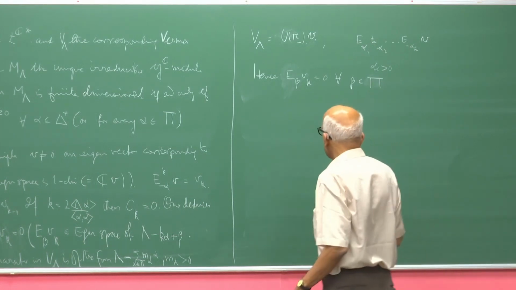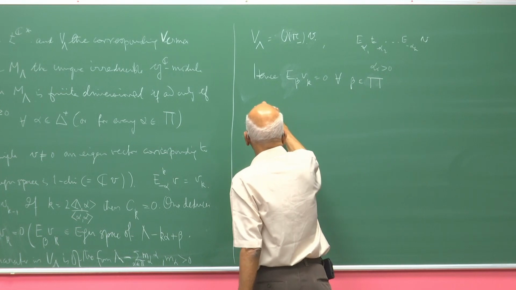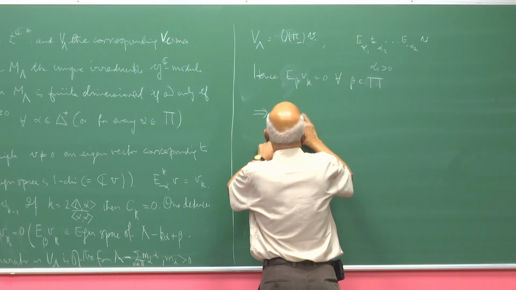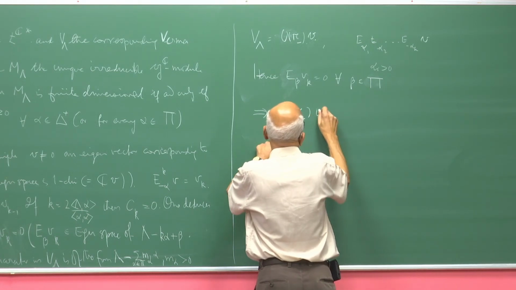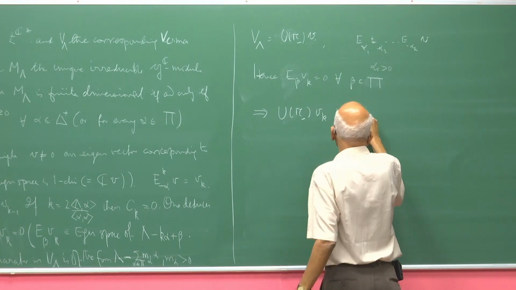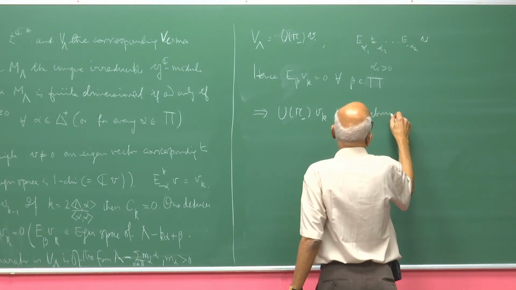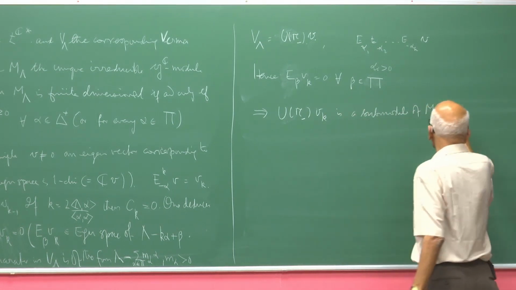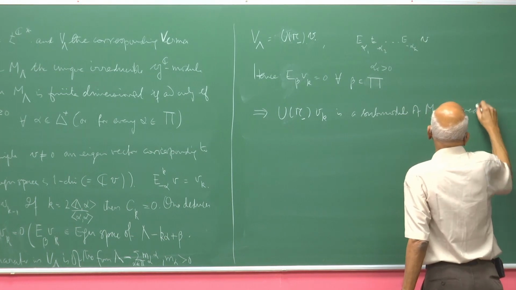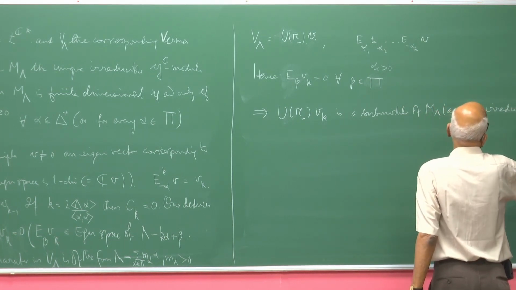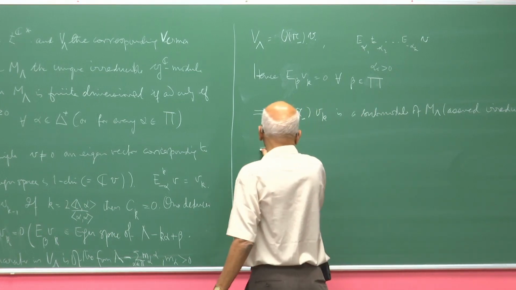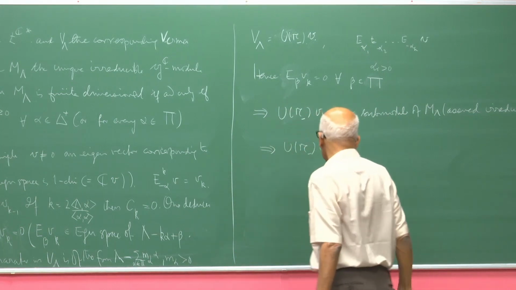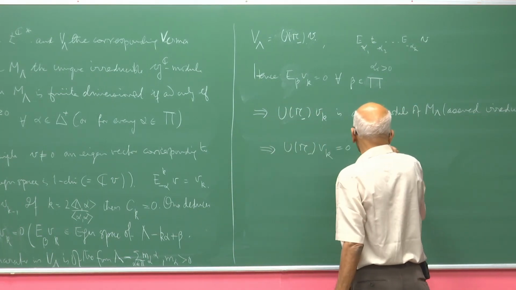But if this happens, you know in which case this implies U(n^-) v_k is a submodule of M(λ), which is assumed irreducible, which implies U(n^-) v_k is 0, which implies v_k is 0.